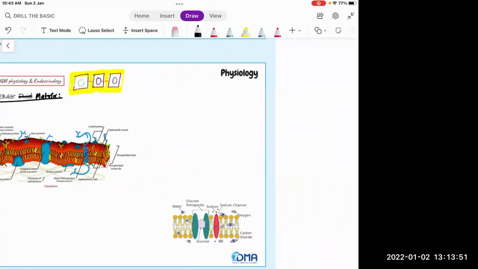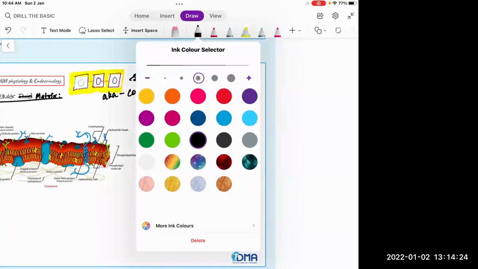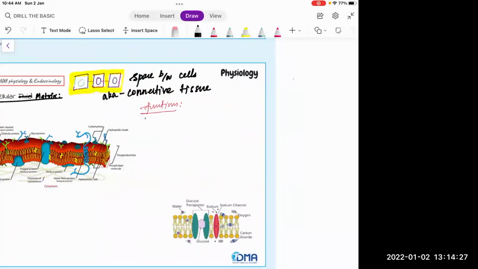So what is this extracellular matrix? It is the space between the cells. It is also known as connective tissue. So what are the functions of this extracellular matrix?